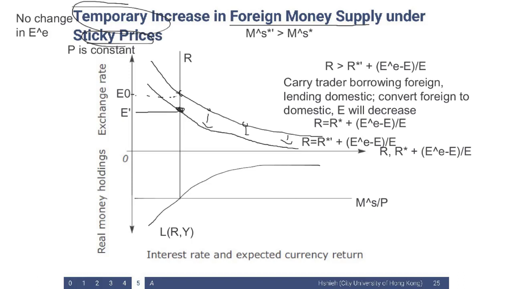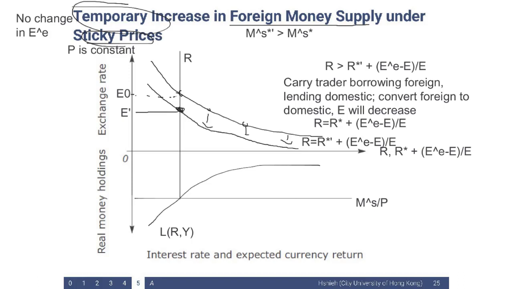So this is the new plot. Maybe I write R equals R star here, and I will write R equals R star prime.